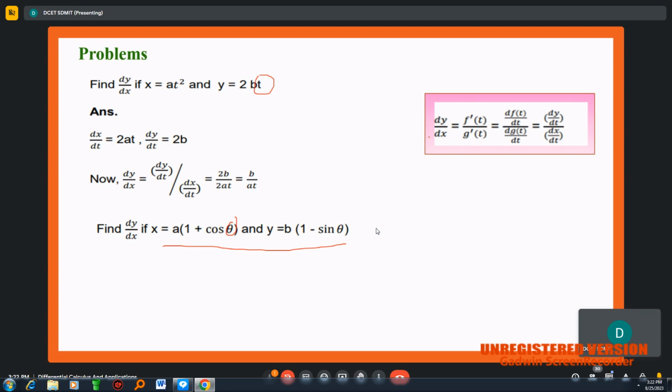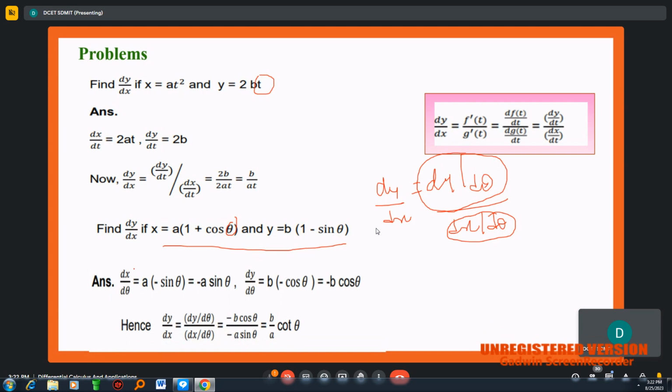That means dy by dx is nothing but dy by d theta divided by dx by d theta. That means first we have to find out what is the dy by d theta and what is the dx by d theta. After that we are substituting here and simplifying, that is the required dy by dx.